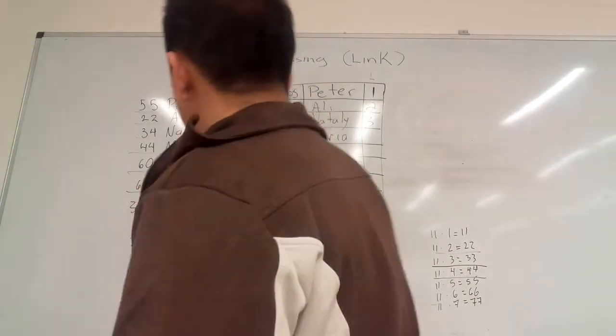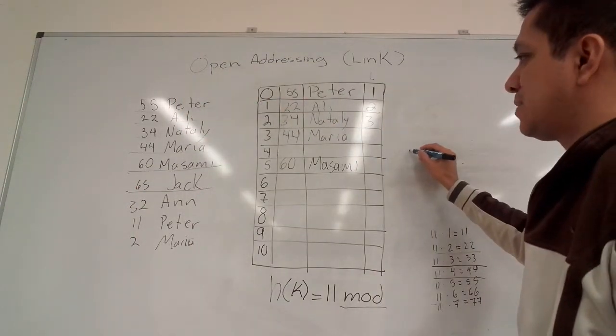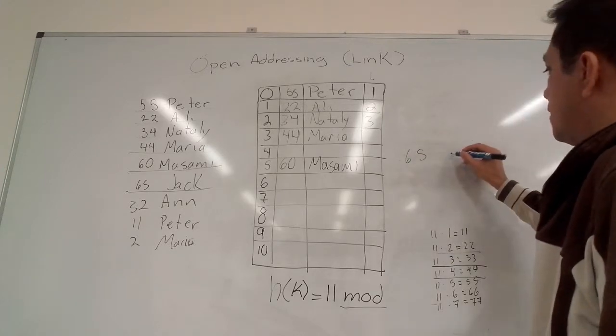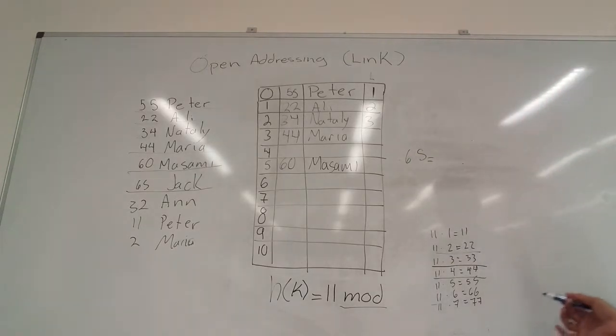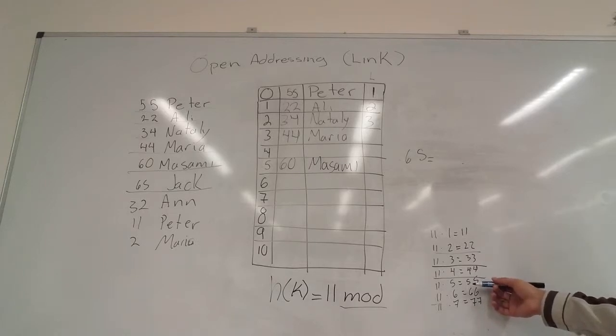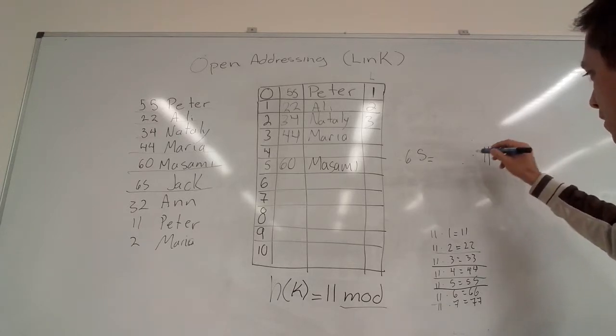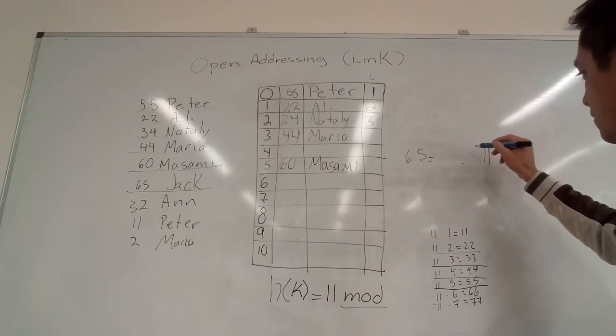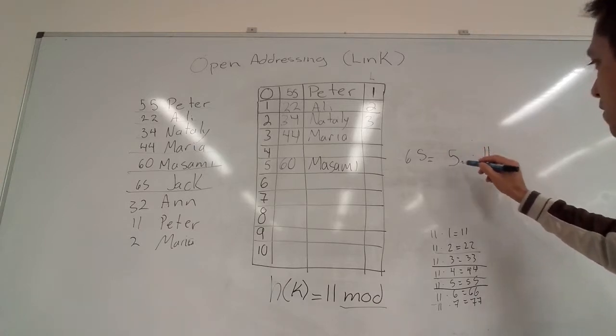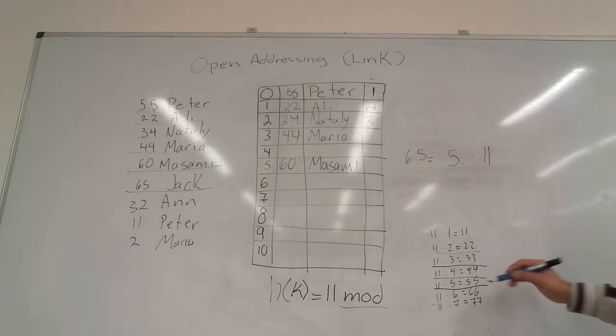The next one is going to be represented by Jack, who is 65. I will use 11 by 5, which is 55.